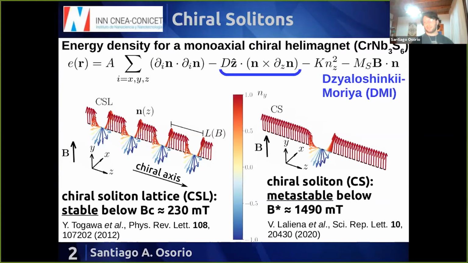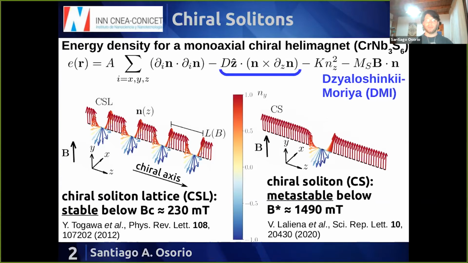But the limit of metastability is determined by the critical field for the metastability, which is B asterisk, and it is around 1.5 Tesla.